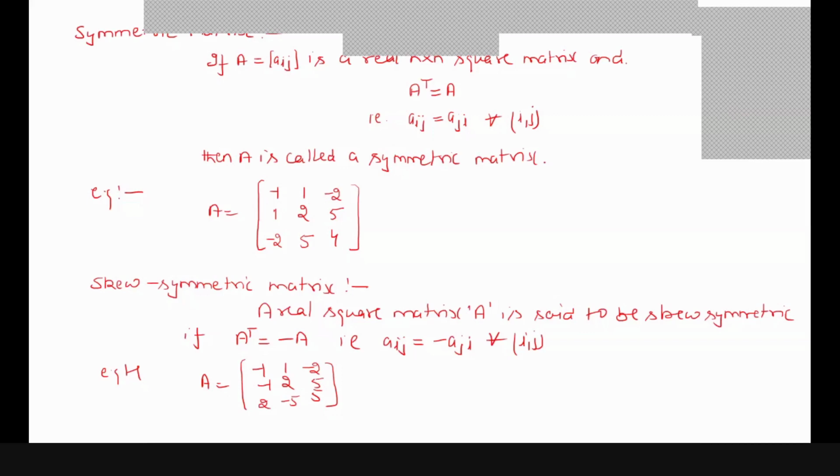So the diagonal entries of a skew symmetric matrix should be 0.